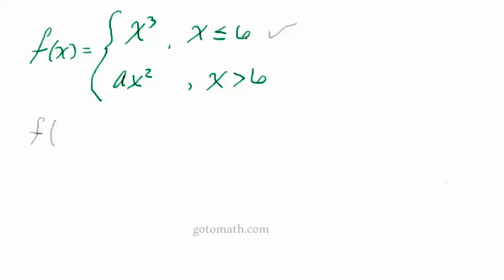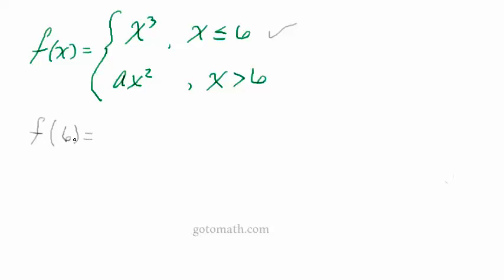And of course, at 6 is where we are concerned. We're concerned at where these two functions join, because we know this is continuous on the entire real number line, and this is going to be continuous, but where they join up is where we're concerned. And so that's the reason we're using 6.